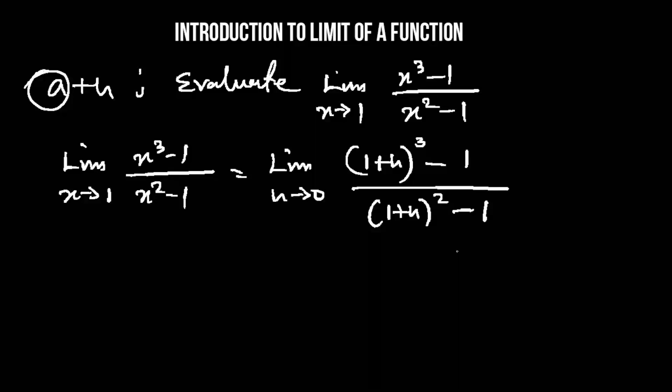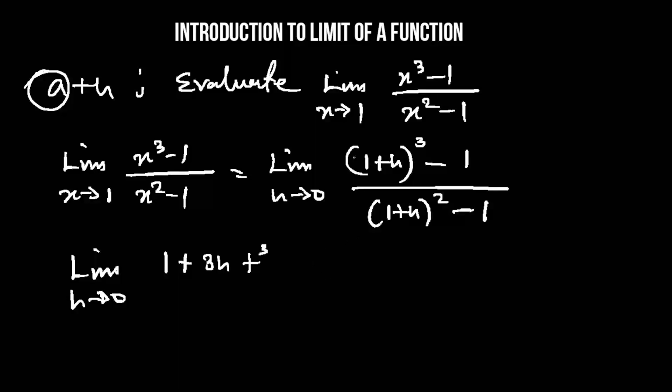I hope you understand this now. So good. We now have that the limit as h tends to 0 of, expand this bracket, we have 1 cubed plus 3h, and plus h cubed.